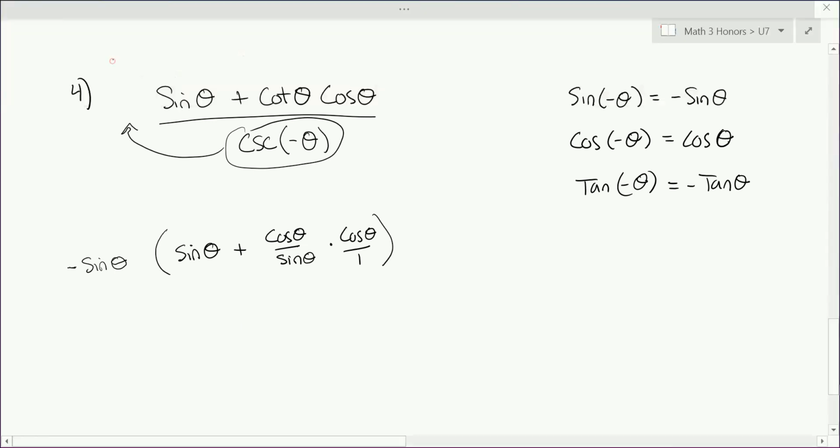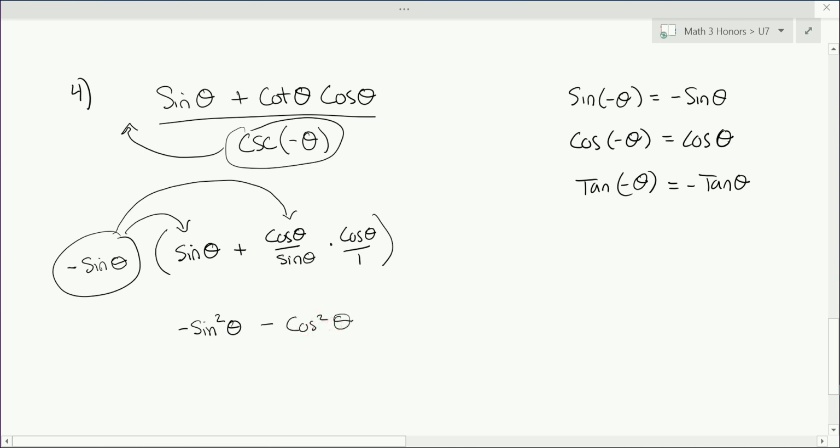And then what would you do next? Probably, yeah, distribute this. And I end up with negative sine squared theta. And then a negative, the sine will cancel out with the other sine, so I get negative cosine squared theta.